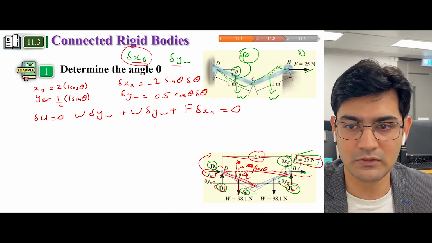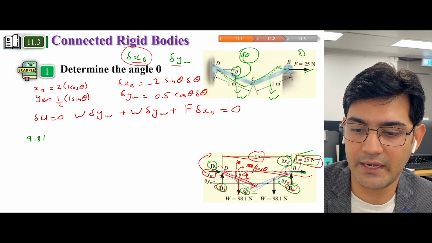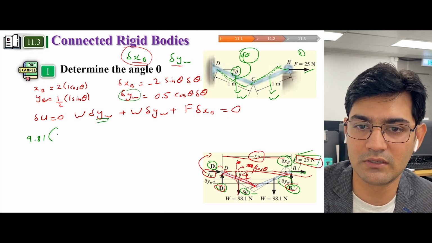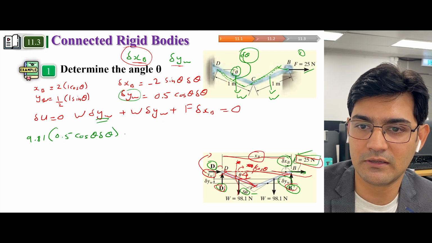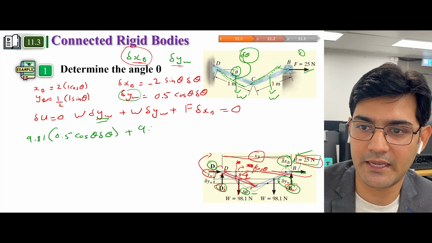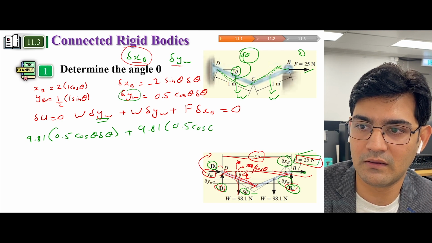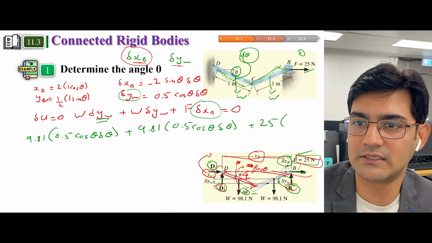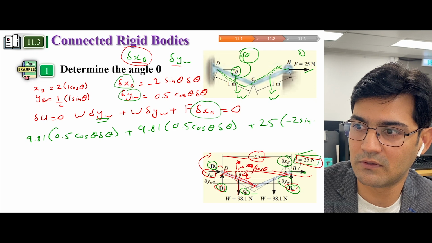Now what is weight? Weight is 9.81. What is delta yw? We have already calculated this one, 0.5 cos of theta delta theta, plus again the same thing for another weight, and the force is 25, which is given, and this we have already calculated from here.